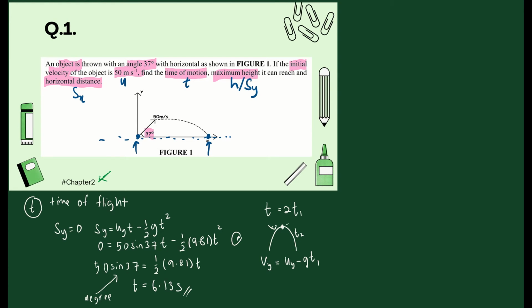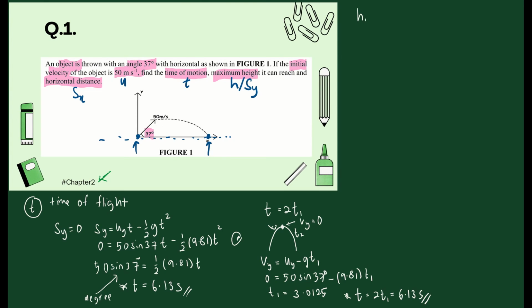At maximum height, our Vy is equal to 0. Then we have 0 = 50 sine 37 minus 9.81 T1. Then you're supposed to have T1 as 3.0125. Then to get your time of motion, you're supposed to have the same answer as the previous method. So that is the time of motion.